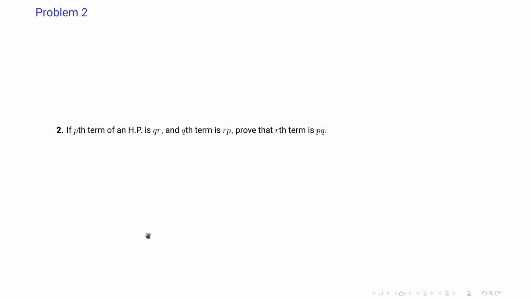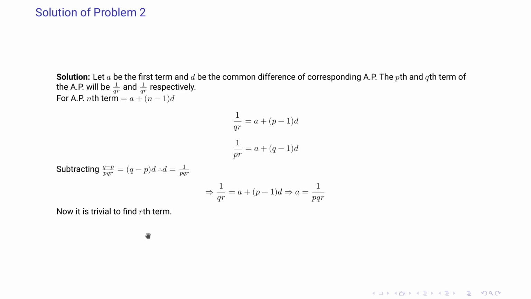Problem number 2 says that if the pth term of an HP is QR and the qth term is RP, prove that the rth term is PQ. So we again use the corresponding AP.